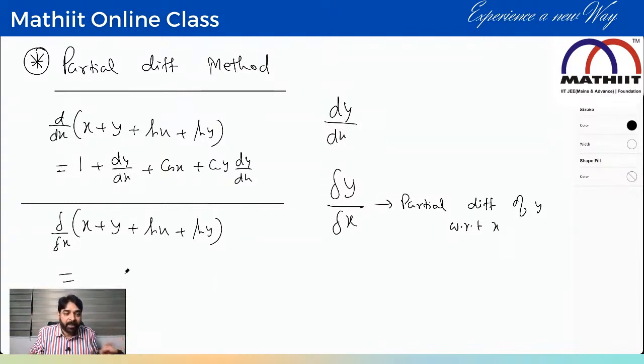This will go inside: x differentiation 1. y differentiation 0, although y depends on x, we consider it as a constant. That's what is called partial differentiation. Plus sin x differentiation cos x, plus sin y differentiation 0. Is this point clear to everybody?